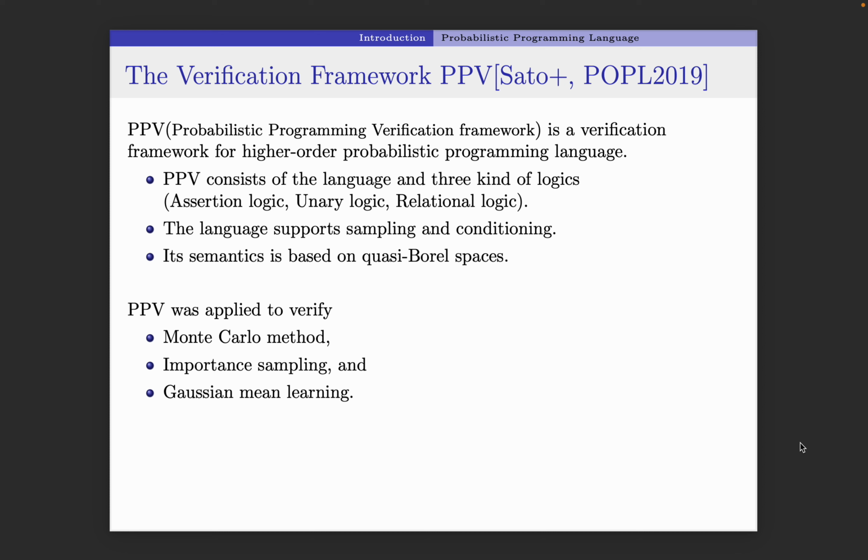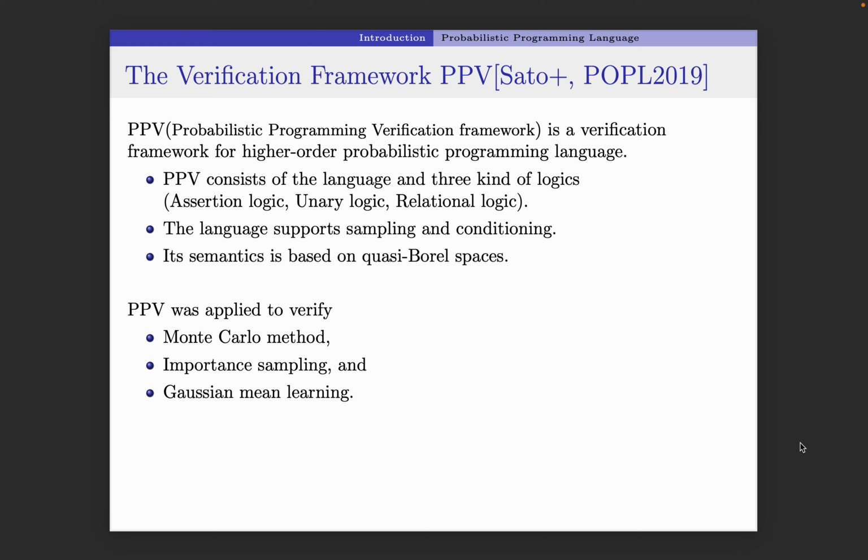In order to verify probabilistic programs, Sato and others introduced the system PPV. PPV is a verification framework for higher-order probabilistic programming language. It consists of the language and three kinds of logics.